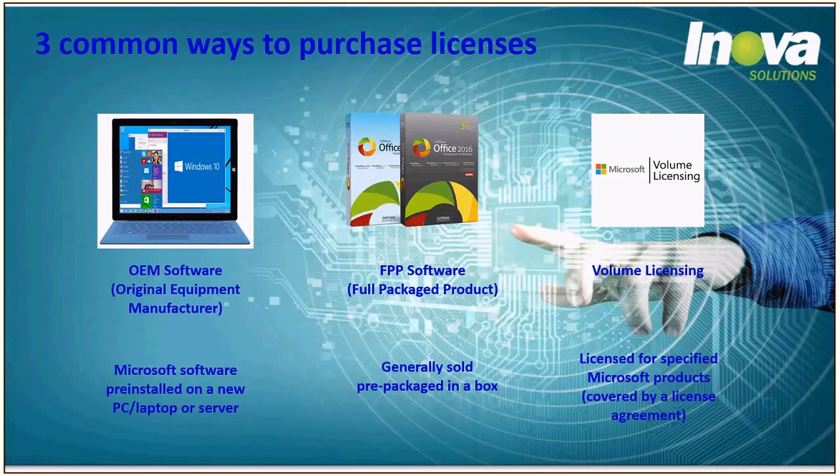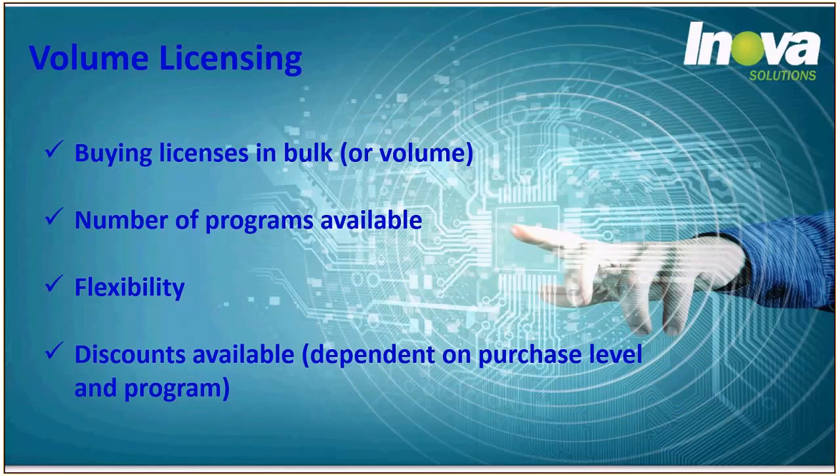Okay, so with volume licensing, the advantages of going through a volume licensing program is that you can buy licenses in bulk or in volume. There are a number of programs that are available for you to purchase those licenses through. It offers a lot of flexibility with the licenses.